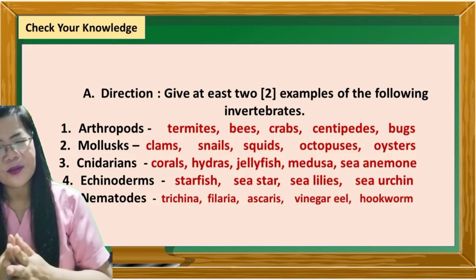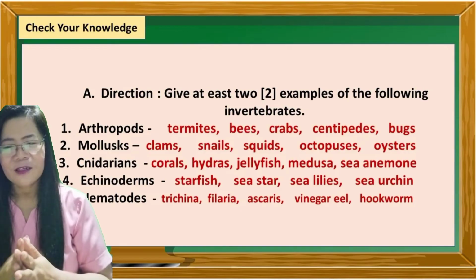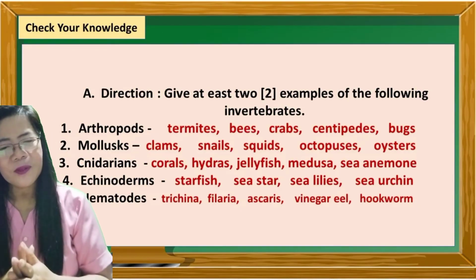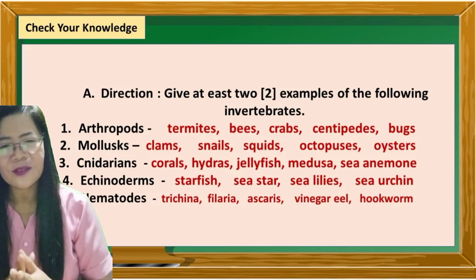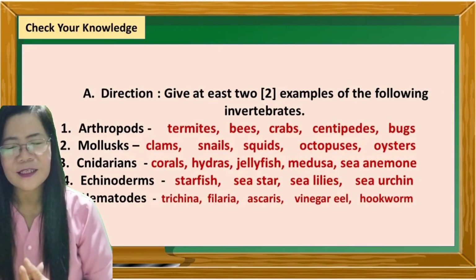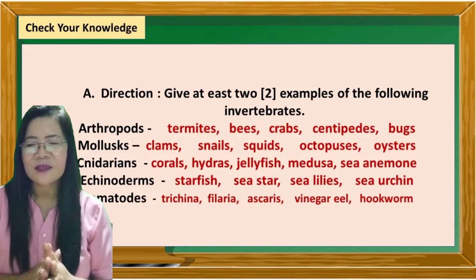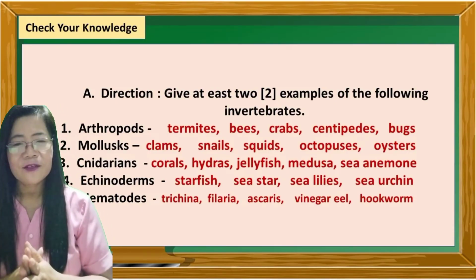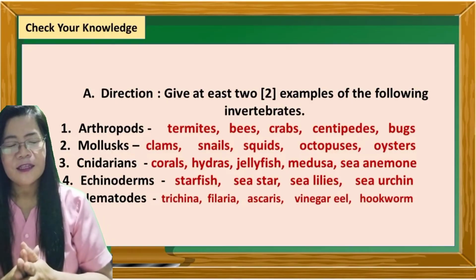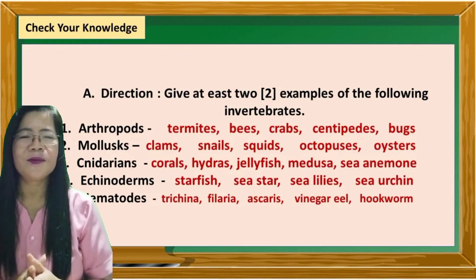Examples of cnidarians are corals, hydras, jellyfish, medusa, sea anemone. Examples of echinoderms: starfish, sea star, sea lilies, sea urchin. Examples of nematodes are trichina, filaria, ascaris, vinegar eel, and hookworm. So, congratulations, children!